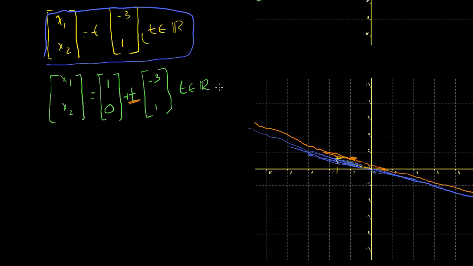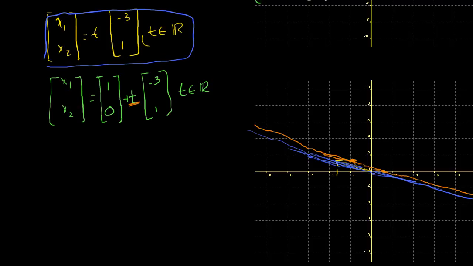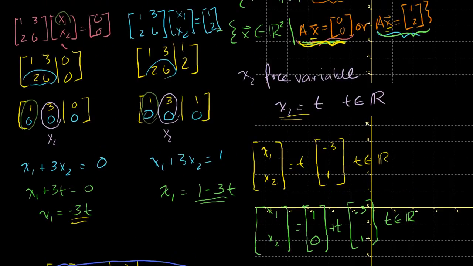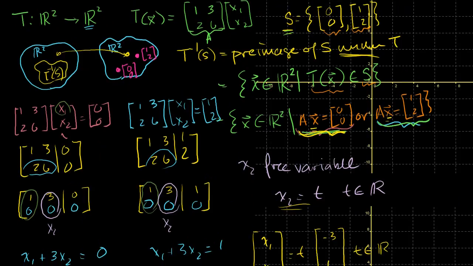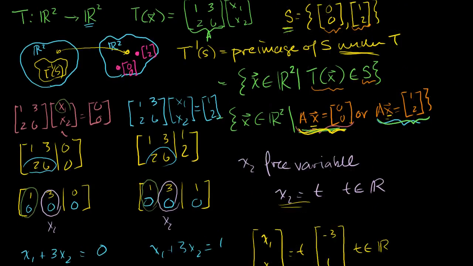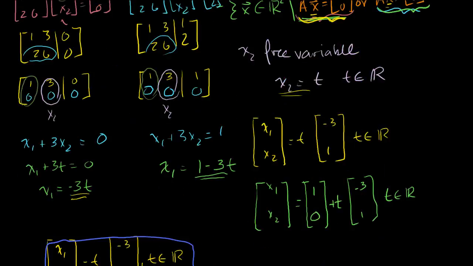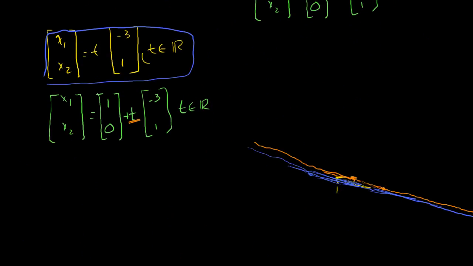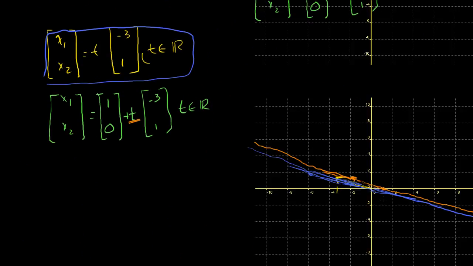Now, why did we do all of this? Remember, what we wanted to find out is what were all of the vectors in our domain that when we apply the transformation map to vectors within our subset of our codomain, map to either 0, 0 or the vector 1, 2. And we figured all of those vectors out by solving these 2 equations. And we were able to see that these 2 lines, and when I turn my graph paper on, they map to the points.